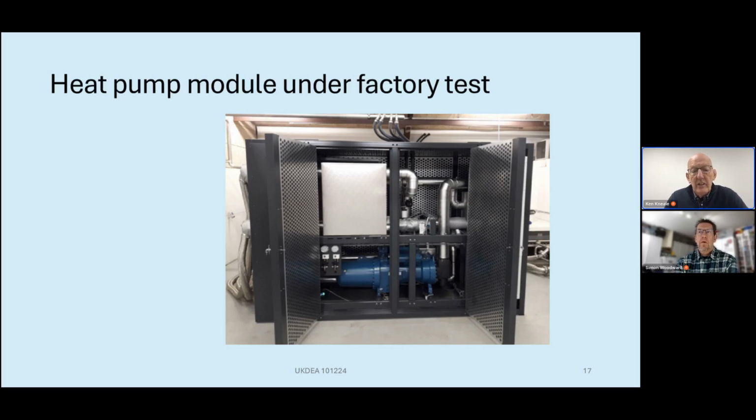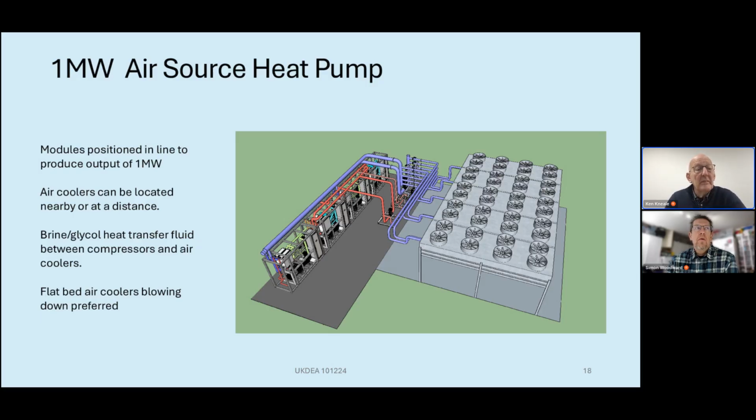We've no concerns about bringing them into the country pre-commissioned, ready to connect to the electrical and pipework systems and set off. That's a typical 1 megawatt air source heat pump. We use that illustration to emphasize the space requirements for the evaporators. For 1 megawatt, we're talking between 80 and 100 square meters of footprint.